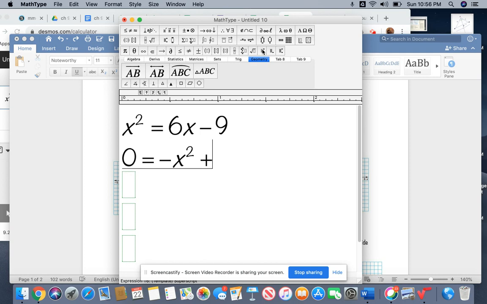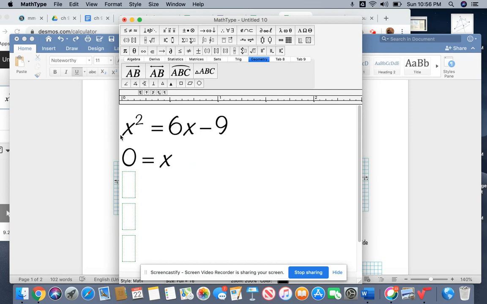Now this is fine for solving, but if I had to solve this by factoring, personally, I would have a hard time because I do not like to factor in negative x squared. It makes it much more complicated. So even though it's quicker to move the x to the other side, what I would do instead is bring the 6x over by subtracting.